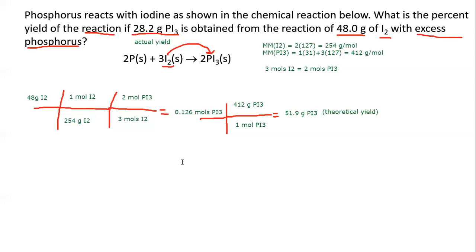So now to calculate percent yield, we take the actual yield, which was given to us in the problem, divided by the theoretical yield times 100. And we get 54.3%. So that's the percent yield for this reaction.